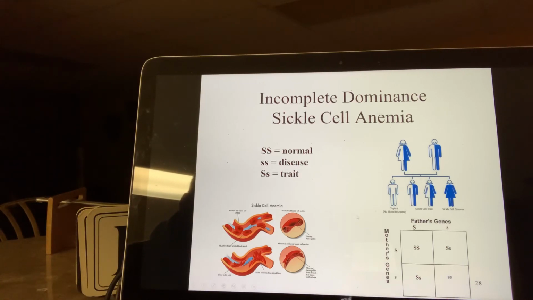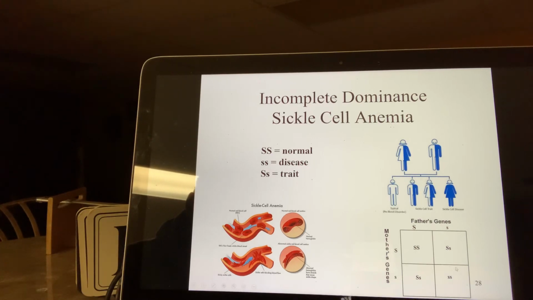Again, here's an example of a Punnett square related to this. Here is a mother and a father, both of which have sickle cell trait. They have one sickle cell allele and one normal allele. So here's father. We put the father up on the top this time. He's big S, little s. And the mother, big S, little s.